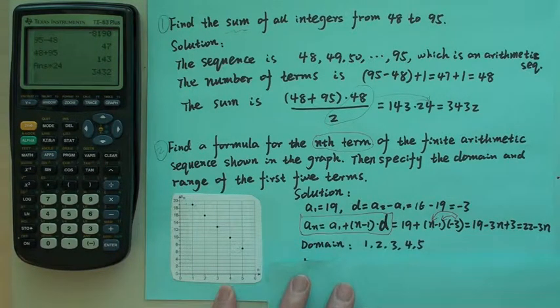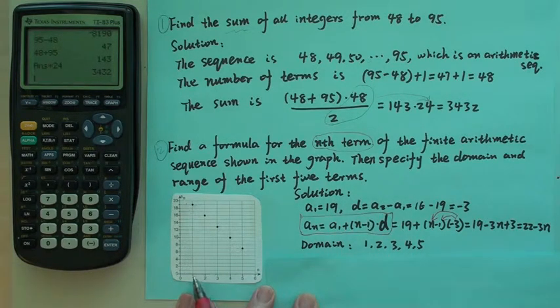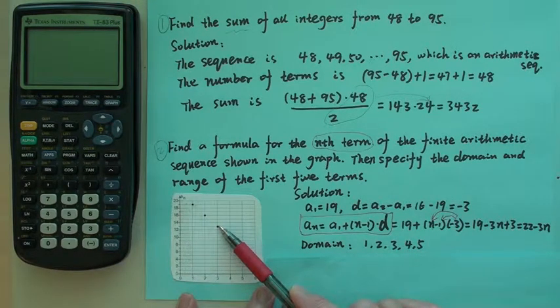So, what is the domain for the first 5 terms? Domain is easy: 1, 2, 3, 4, 5. And then, what is the range? You can count from here: 7, 10, 13, 16, 19.